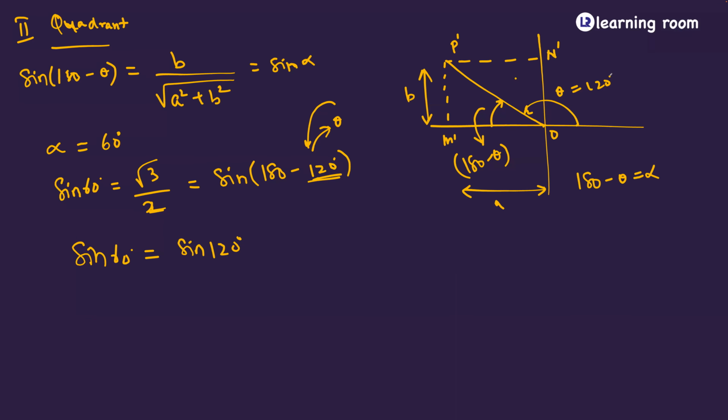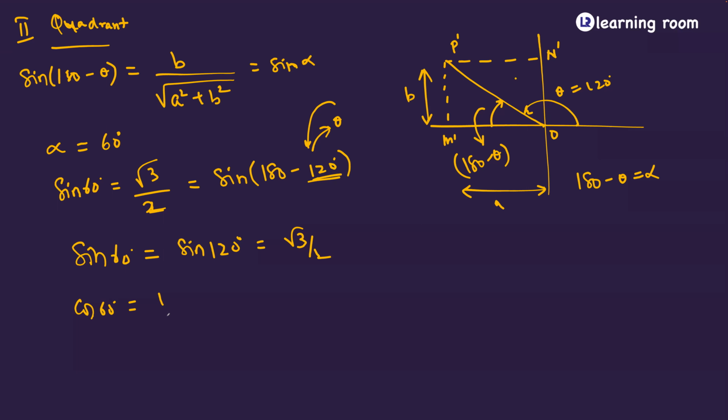That is why sine 60 and sine 120 are going to be the same values. Whether that is positive or negative is decided by the quadrant. I wrote it as root 3 by 2 here because I know in the second quadrant, sine and cosecant are positive.